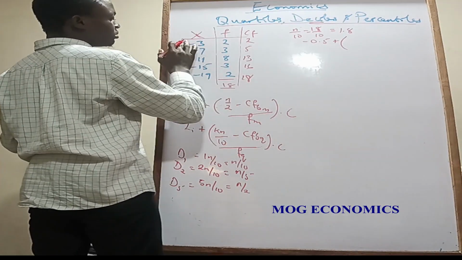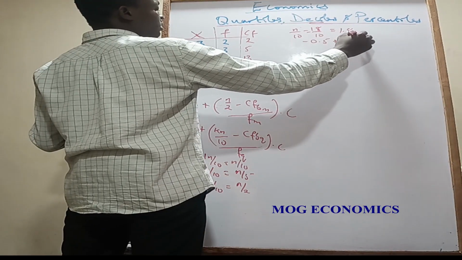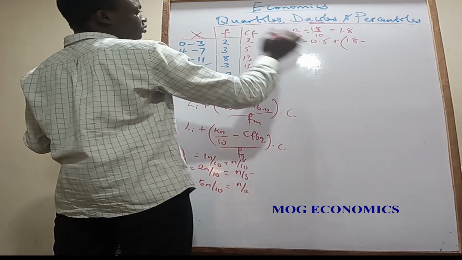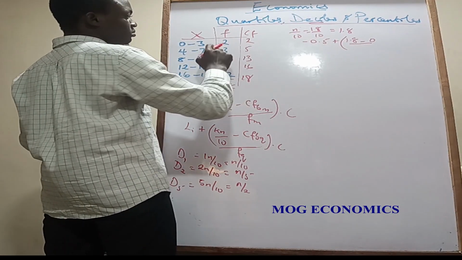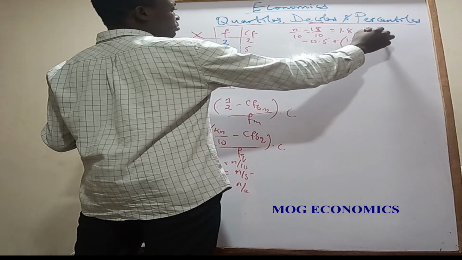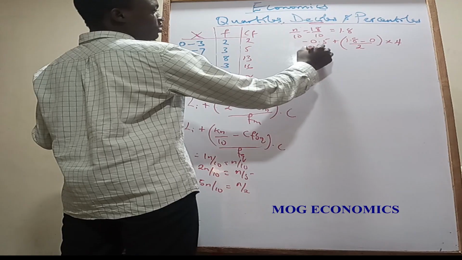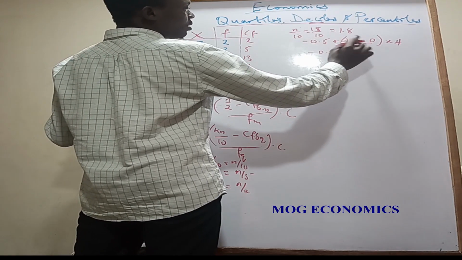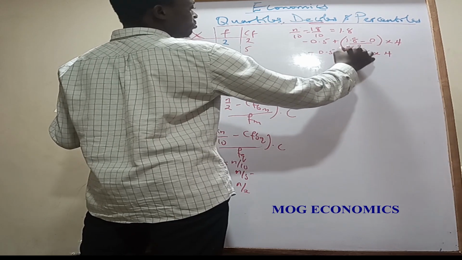that's our lower class boundary of this class. Then, in brackets, 1.8 minus the cumulative frequency before D1. There is no CF before D1, so 0. Then the frequency of the decile class is 2, multiplied by 4. So minus 0.5 plus 1.8 over 2 times 4.